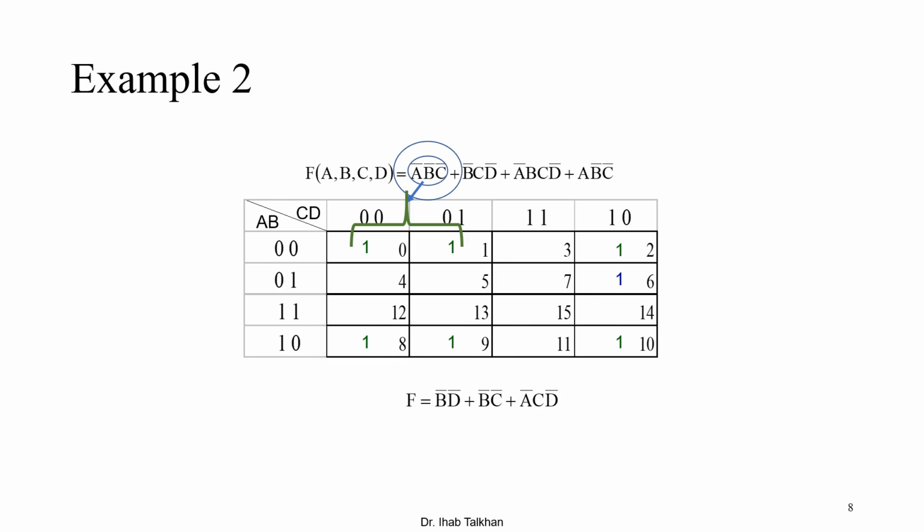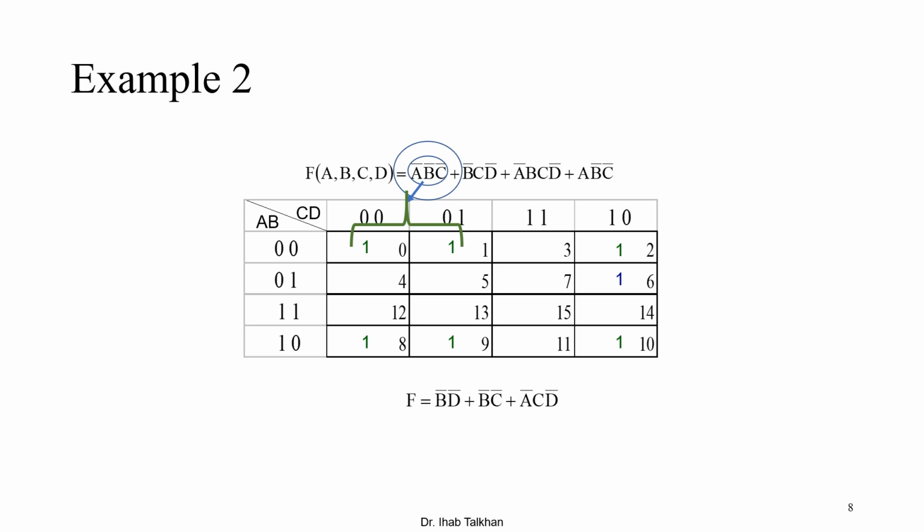Here we have another example for KMAP, where f is represented by a polynomial of ABCD. As you can see here, f of ABCD equals a bar b bar c bar plus b bar c d bar plus a bar b c d bar plus a b bar c bar. As you can see from this expression, it's not the original one. Why not original?